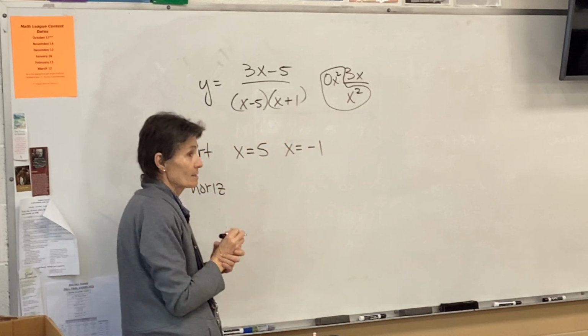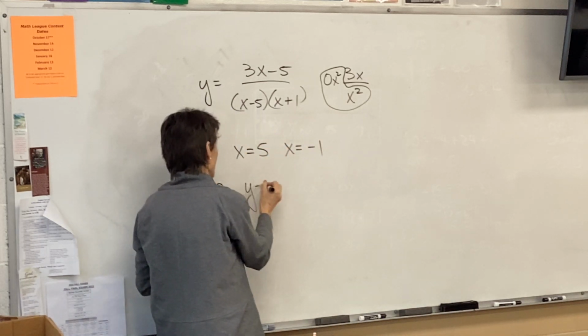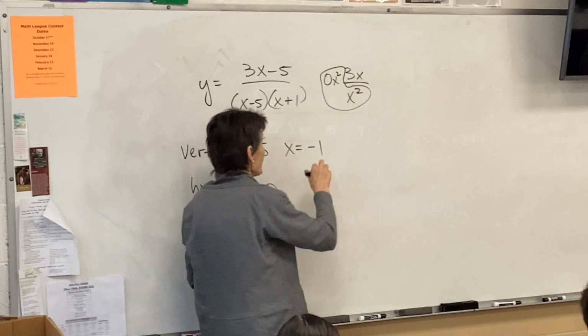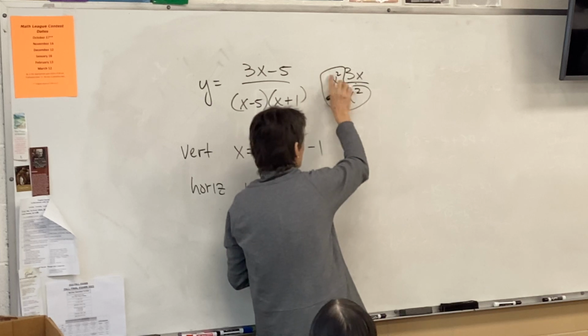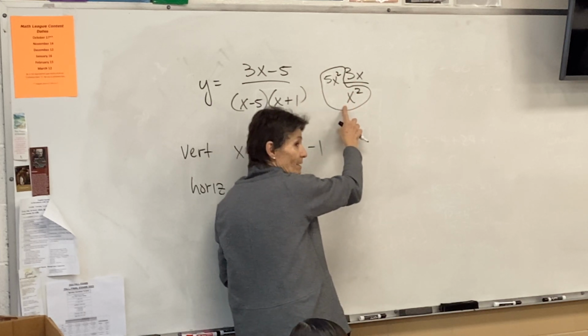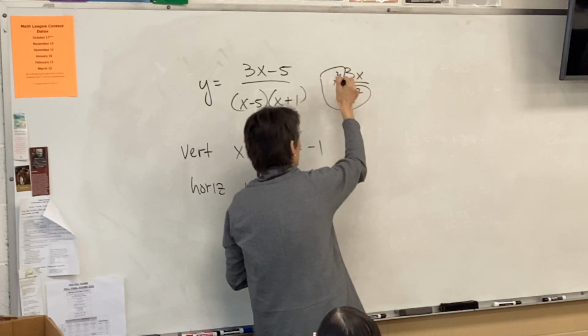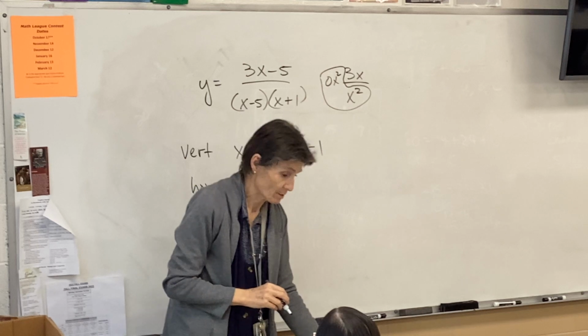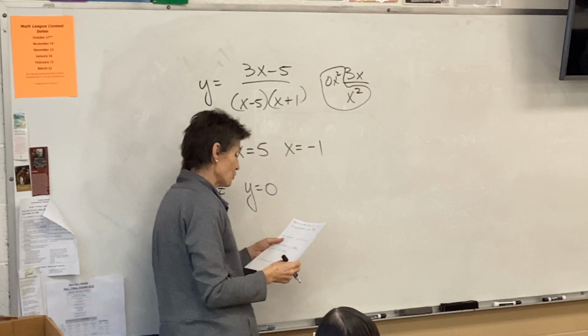What's that? 0. So your horizontal asymptote is y equals 0. If we had had a 5x squared, then my asymptote would be y equals 5. But I don't have an x squared, so that makes it a 0. Y equals 0.